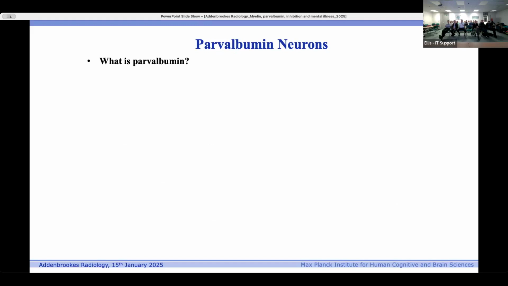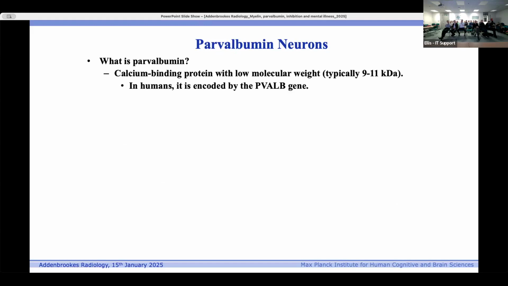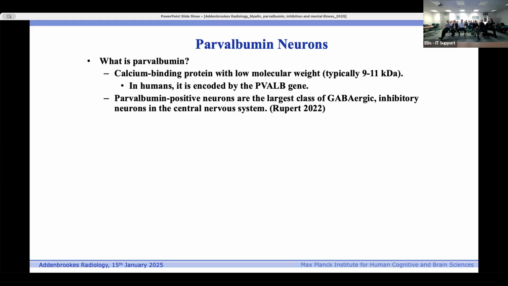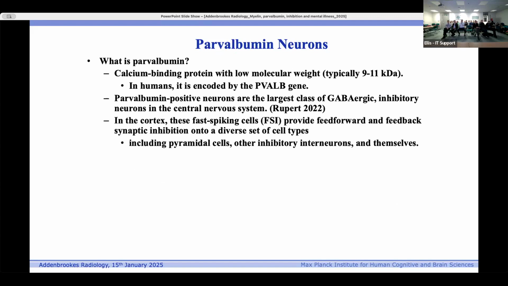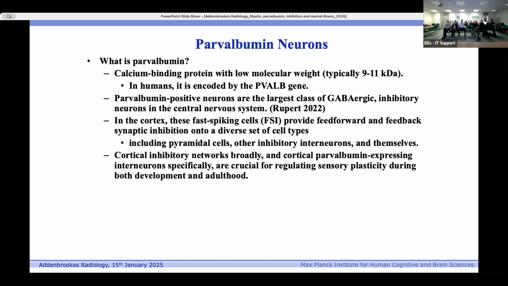First of all, I need to tell you what parvalbumin is. It's a calcium-binding protein. The parvalbumin positive neurons are the largest class of GABAergic inhibitory neurons in the central nervous system. It's really, really important. They're fast spiking. They use a lot of energy. They provide feed-forward and feedback synaptic inhibition onto a diverse set of cell types. They basically control the activity of the pyramidal cells.